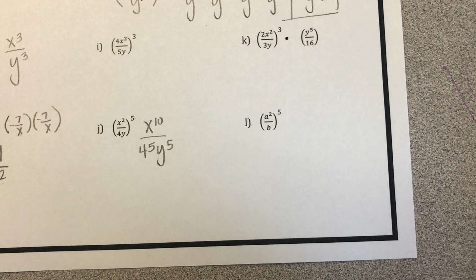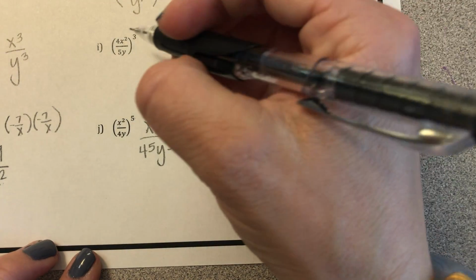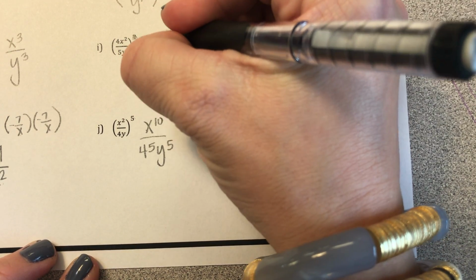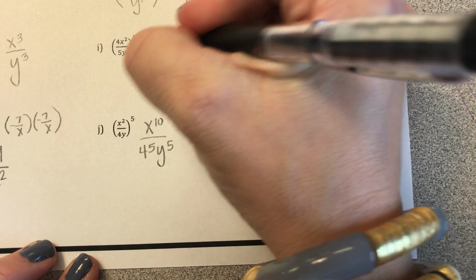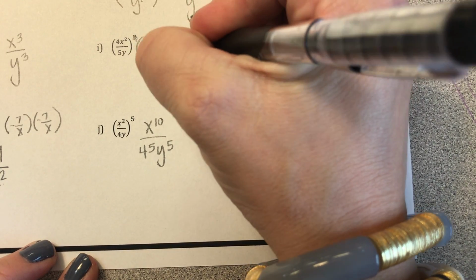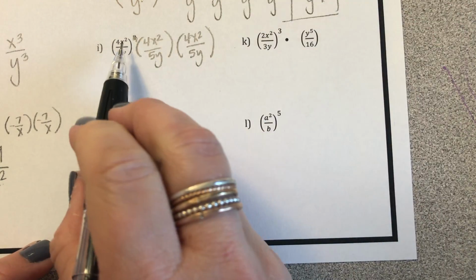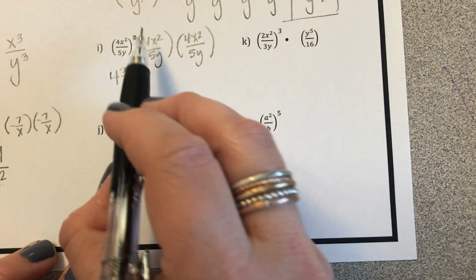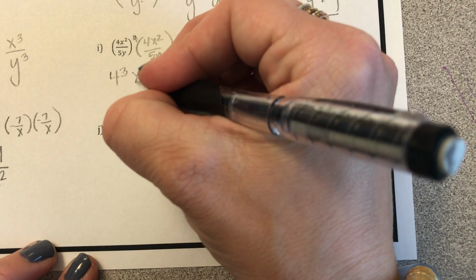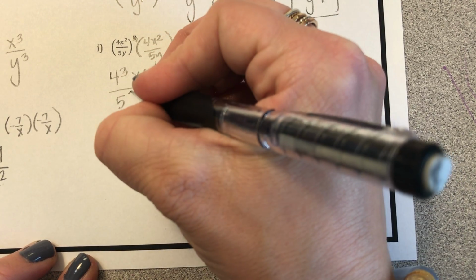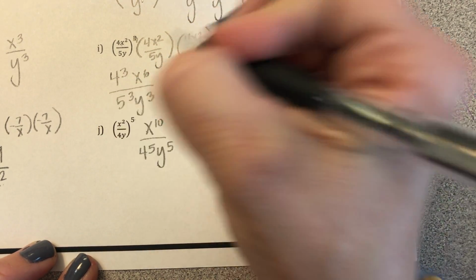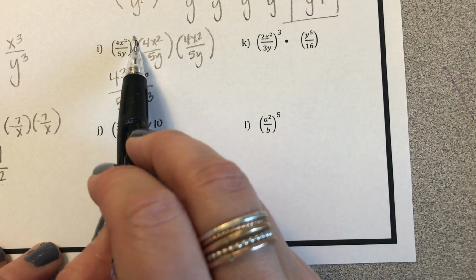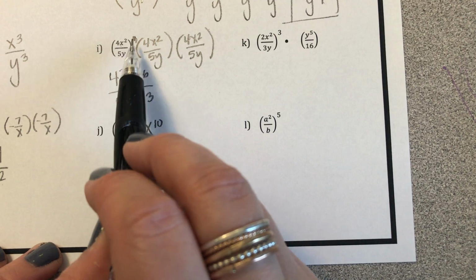Let's go back up here and look at I. So everything inside, like this whole parentheses, it's 4x squared over 5y, 4x squared over 5y. So what do I have in the numerator? 4 to the 3rd, x to the 6th over 5 to the 3rd, y to the 3rd.